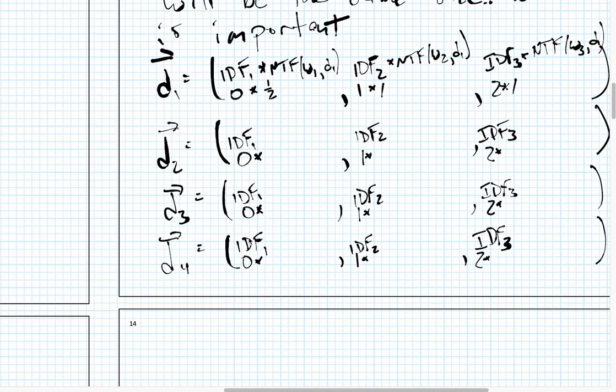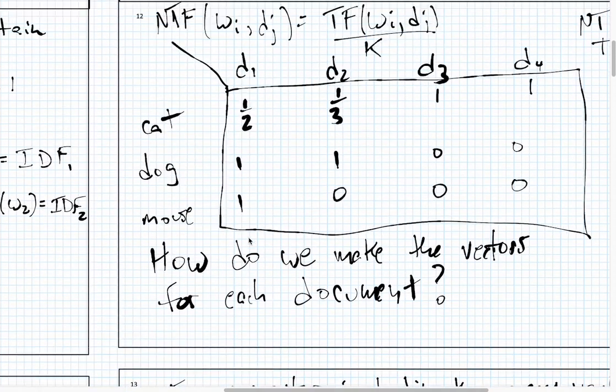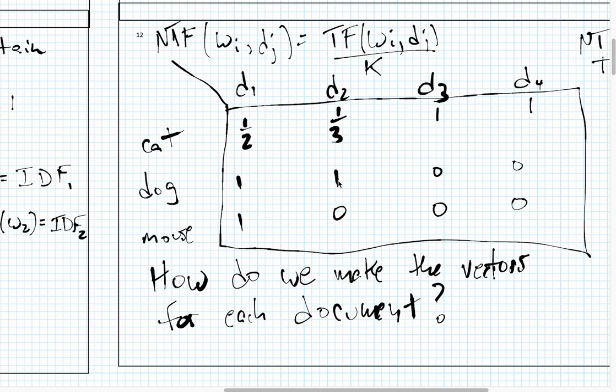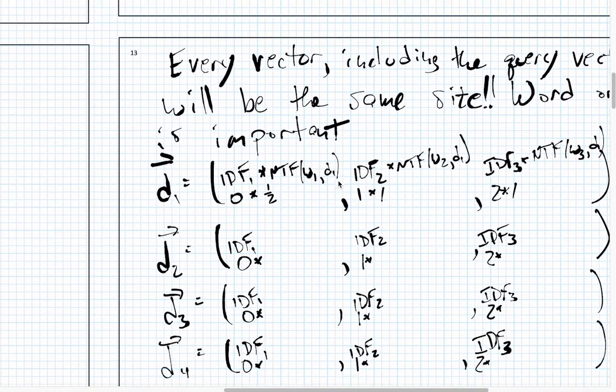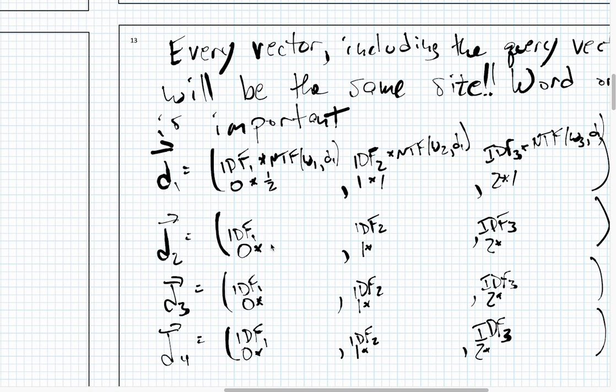And we can just come over here and figure this out. For D2, it was 1/3, 1, and 0. So it's going to be 1/3, 1, and 0.